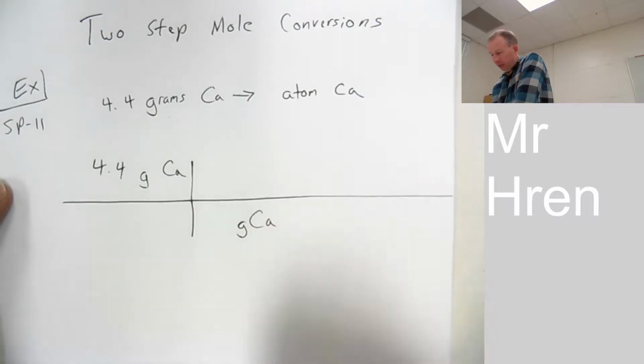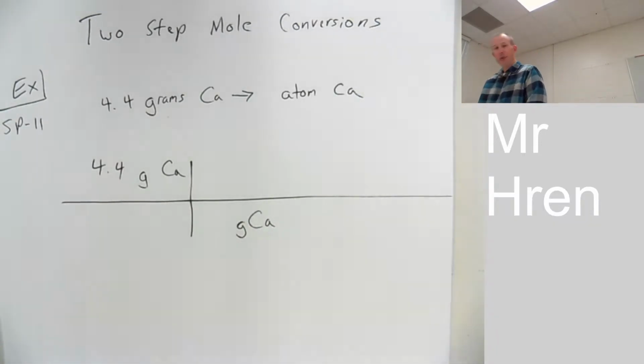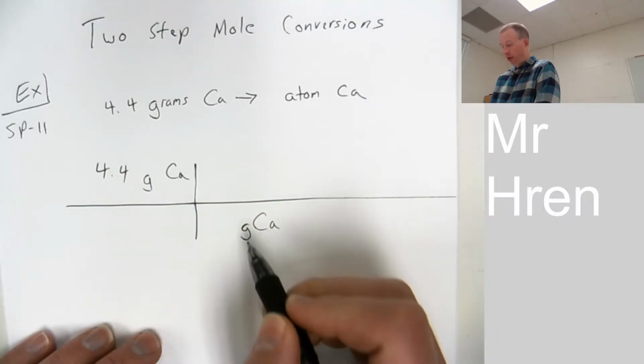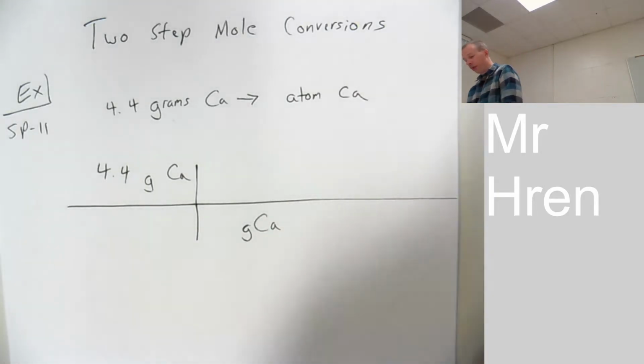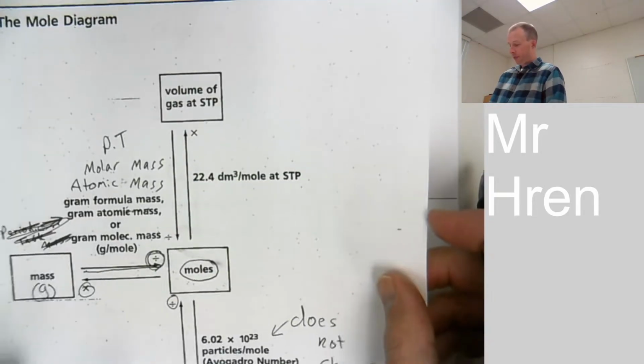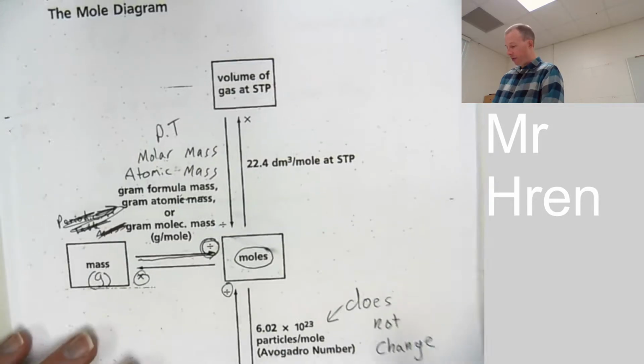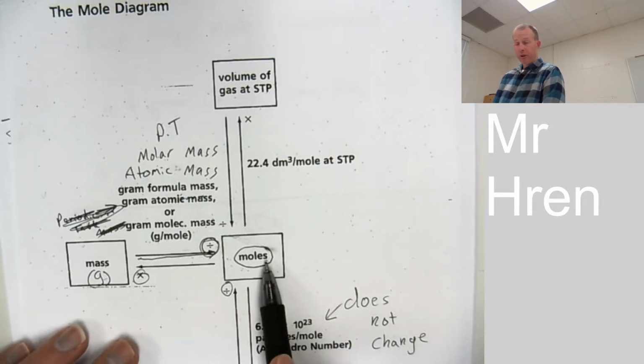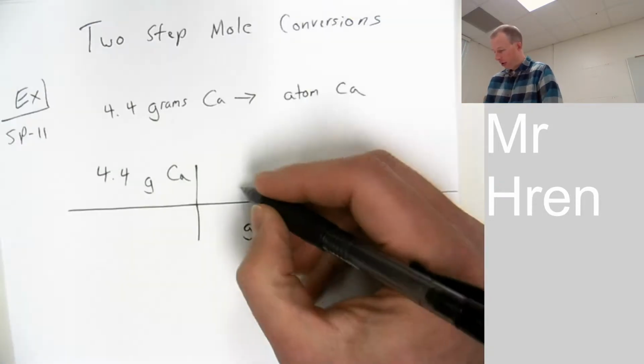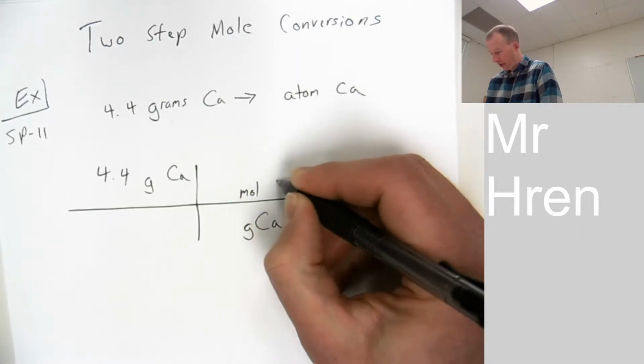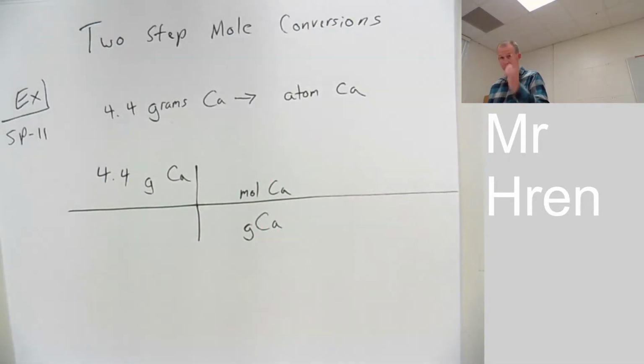So grams of calcium goes down there. Remember, whatever unit you put here, it automatically gets put down there. So in this case, I'm at grams, and I'm going to moles. So my goal is going to be moles of calcium, which I'm putting right there. That's the thing to remember.